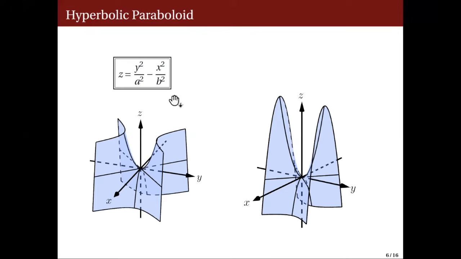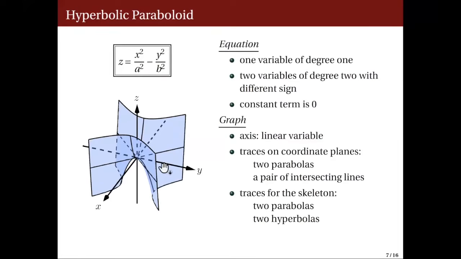And again, this equation is just one of the 6 possible equations for the hyperbolic paraboloid. You can have 5 other orientations for this, depending on the axis. Here we can see that I interchange the variables x and y. I now have the equation z equal to x squared over a squared minus y squared over b squared.